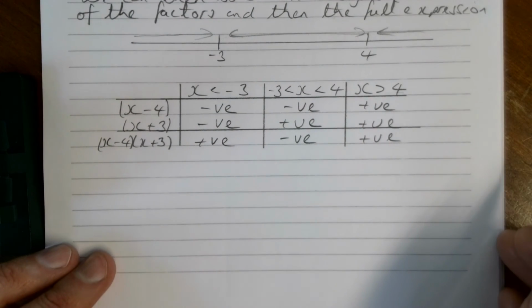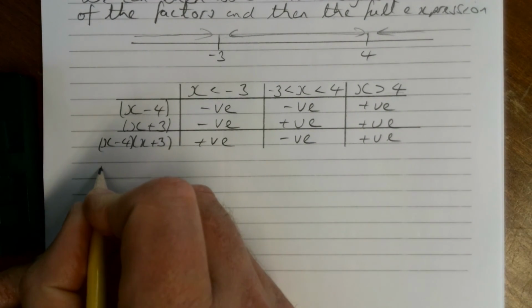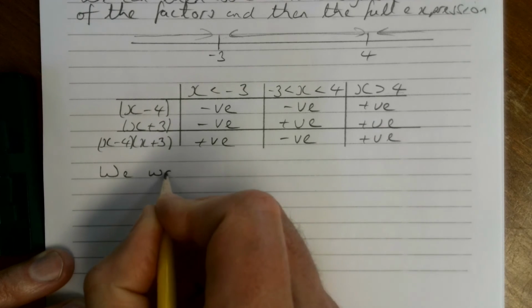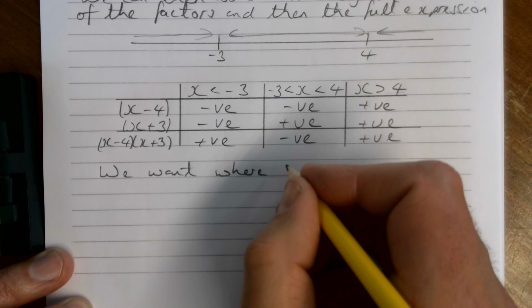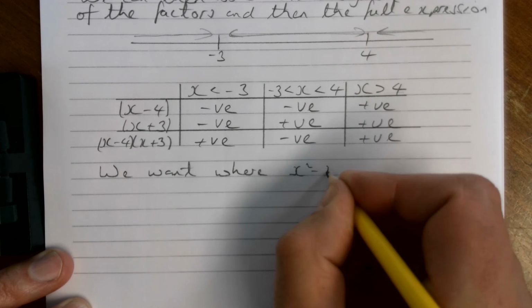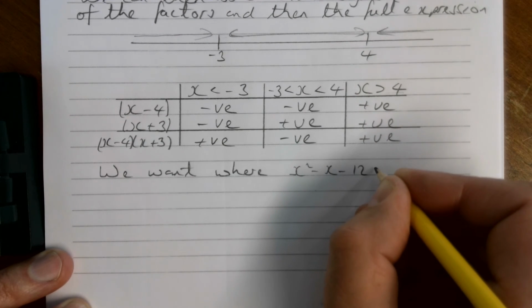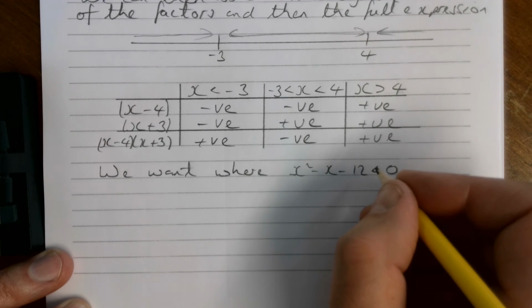So let's take that down. We want where x squared minus x minus 12 is less than 0.